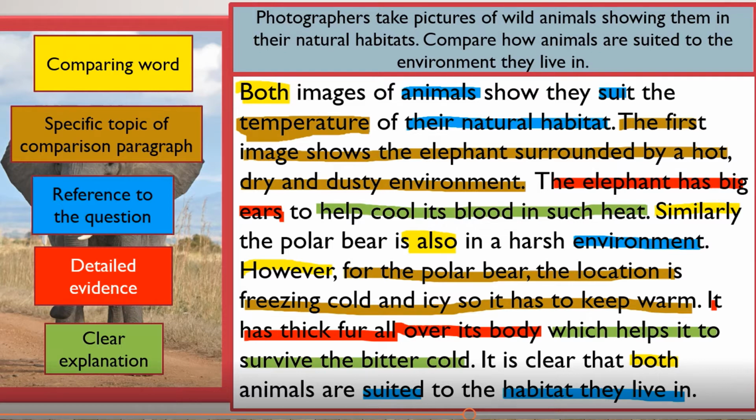Make sure that your paragraph is on the specific topic that the question is asked to focus on. You need to make sure that you have references to the question in your answer. You need to make sure that you have evidence from both poems in your answer and that you've explained that evidence clearly so that you're demonstrating you understand what the poems are about.